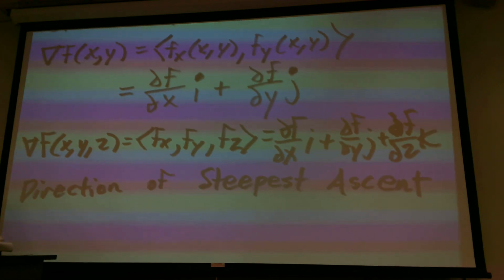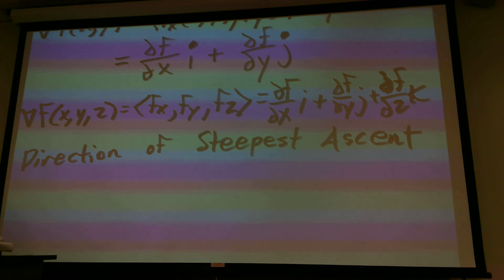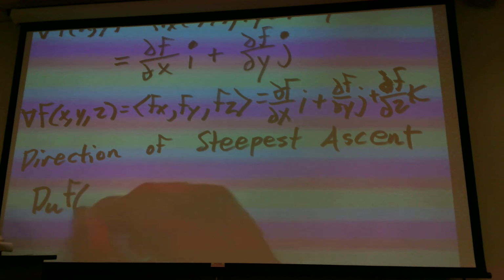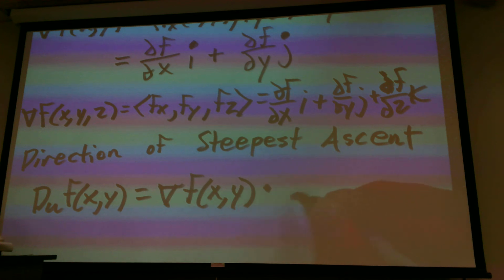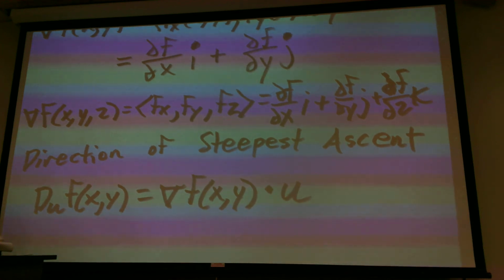And another thing to point out is that the directional derivative D sub u of f of x, y actually equals the gradient of f of x, y dotted with u. Okay? And so we'll be using this type of vector quite a bit.